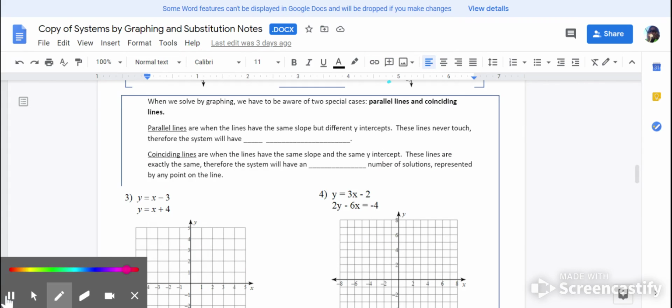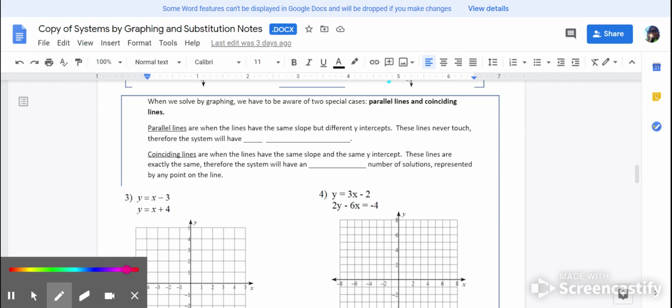When we're graphing, we have two special cases that we must look at. Those two special cases are parallel lines and coinciding lines. If we think about the definition of a parallel line, those are two lines that will never cross each other. We think about railroad tracks, opposite sides of a railroad track, they will never cross. If they do, our train will flip over.